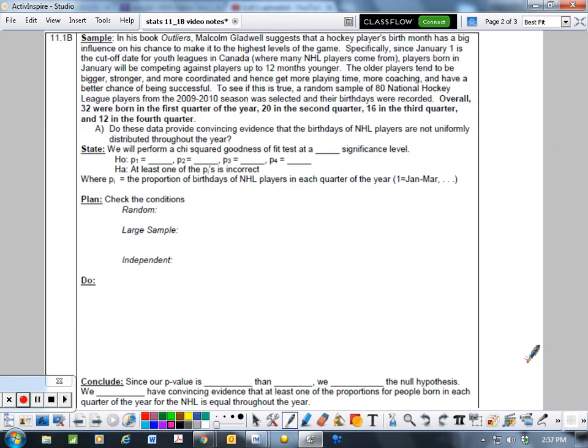For people who like stats, Malcolm Gladwell has a great book called Outliers, and he specifically talks about this situation where hockey players' birth month has a big influence on their chance to make it to the highest levels of the game. January 1st is the cutoff date for youth leagues in Canada, where many of our NHL players come from.